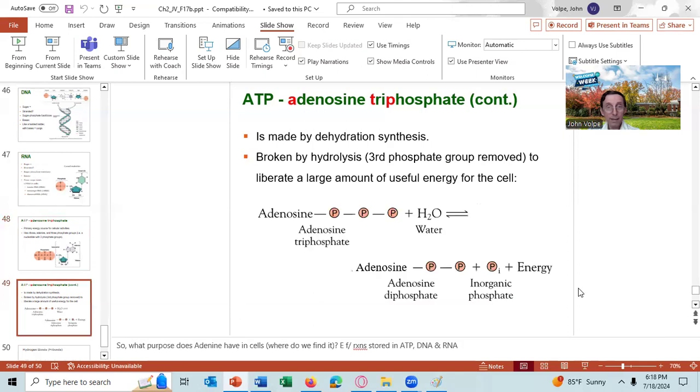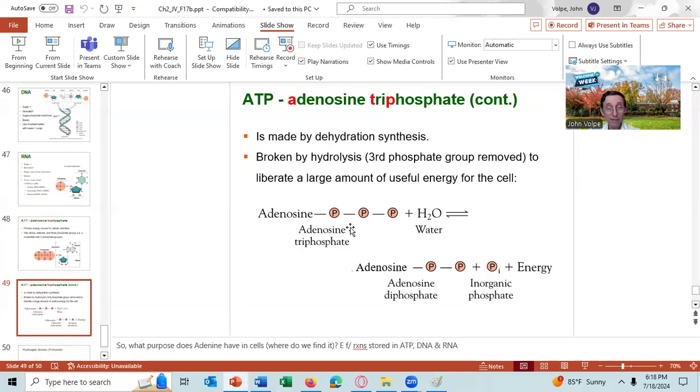ATP is made in dehydration synthesis. What you do is you get ADP, adenosine diphosphate, add on an inorganic phosphate, and then add in energy. And then you can get the reaction going this way, forming water and ATP, or adenosine triphosphate.